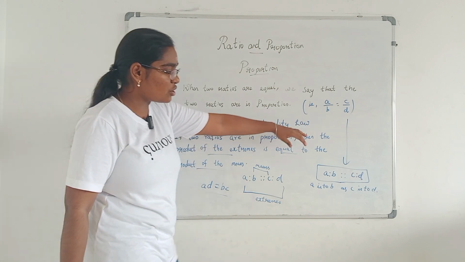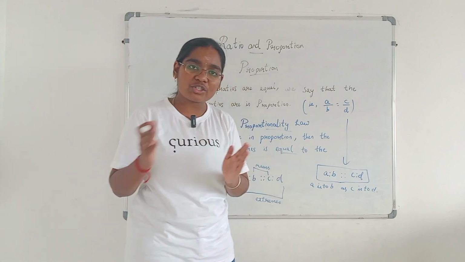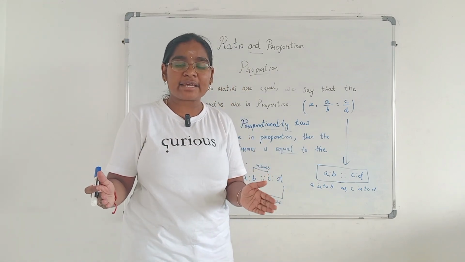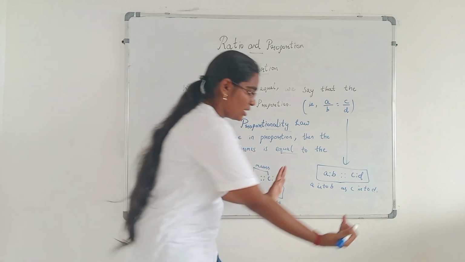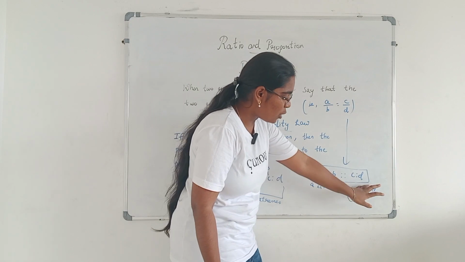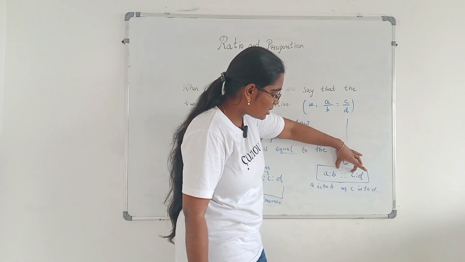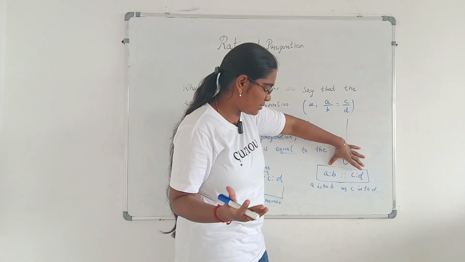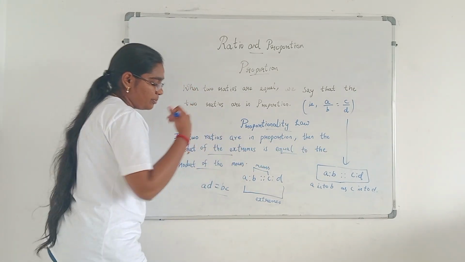If those two ratios are in proportion, then the product of extremes equals the product of means. Extremes are the outer terms, and the inner terms are means. So product of extremes equals product of means.